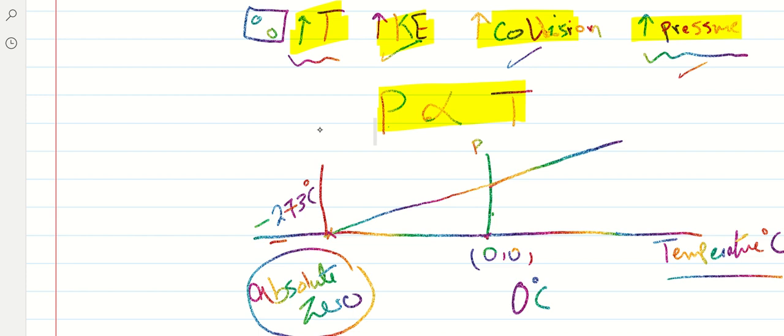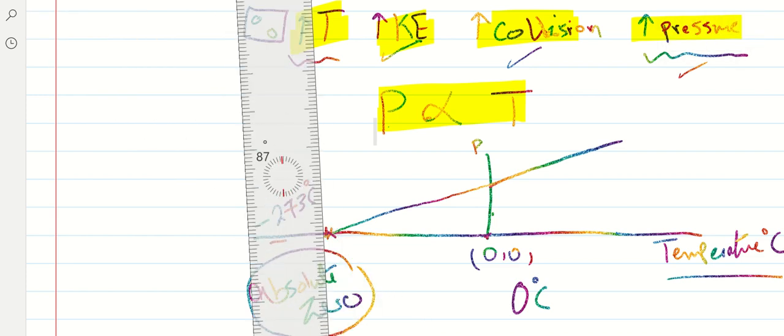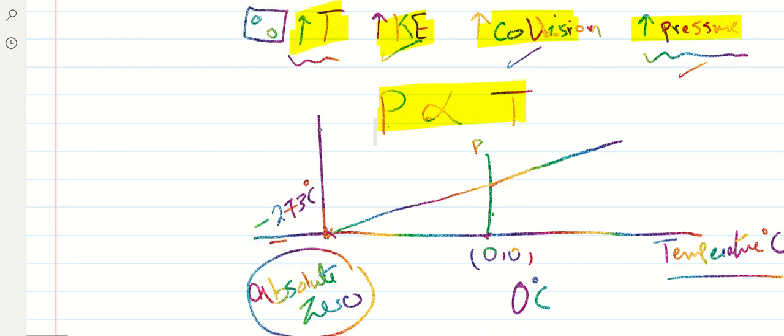Wait a minute, let me use a ruler to make a good line. Okay, so this is absolute 0. At absolute 0, the pressure seems to be 0. The kinetic energy is very, very low. The particles seem not to be colliding. So this is absolute 0.